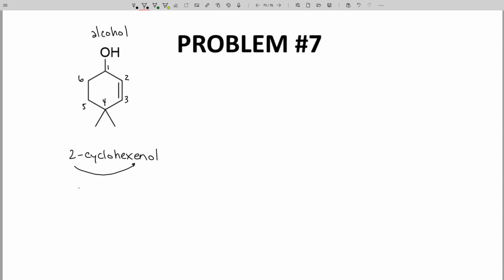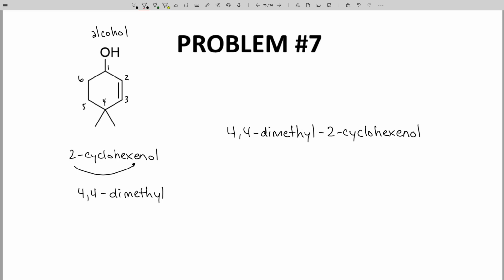Okay, what are our substituents? We have 2 methyl groups, a 4,4-dimethyl. So this would be 4,4-dimethyl-2-cyclohexene-ol. And this is a little confusing. The 2 is referring to where the alkene is.